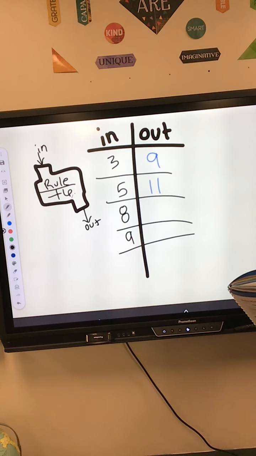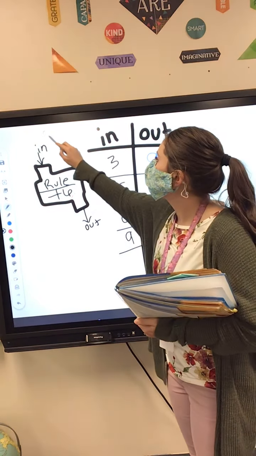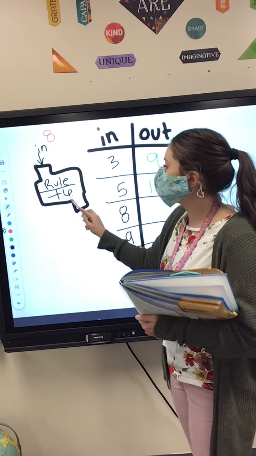So if we put an 8 into the machine, what happens to it when it gets inside?